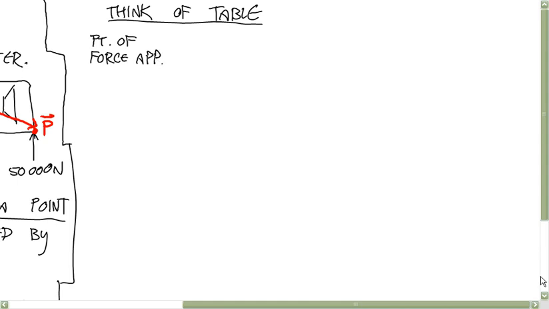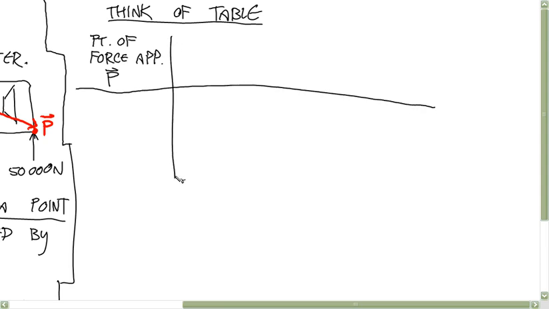I'll call that P, just like I did in this figure. The second column is the about point. That's the one you get to choose, and I'll call that A. The third one is rho, and rho is then just equal to P minus A.